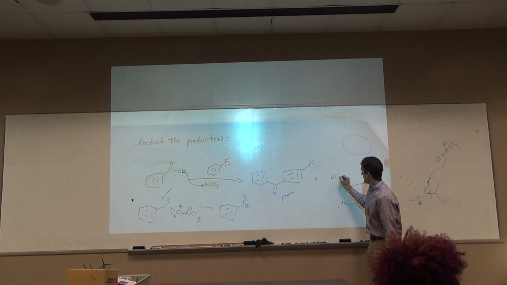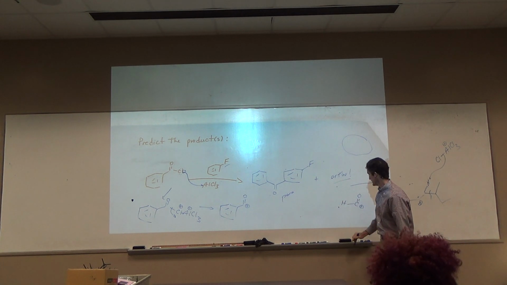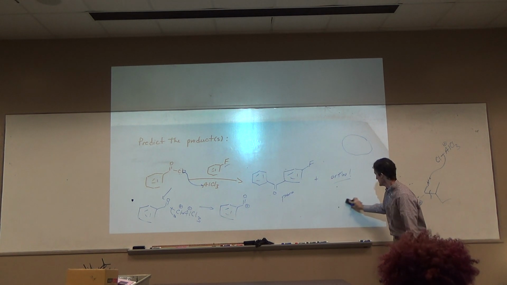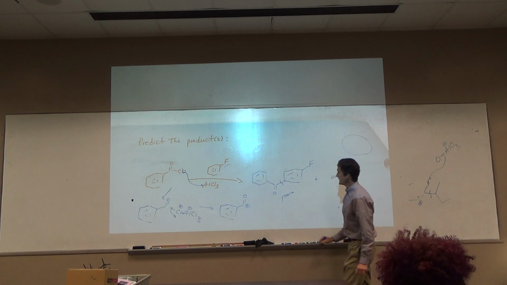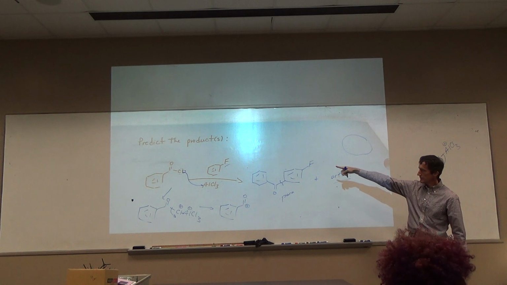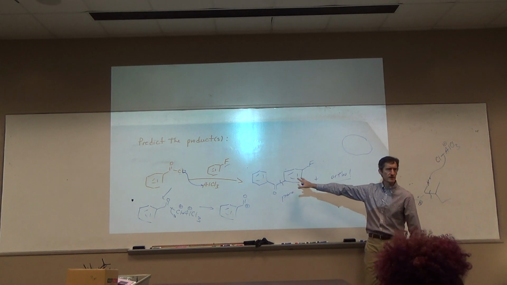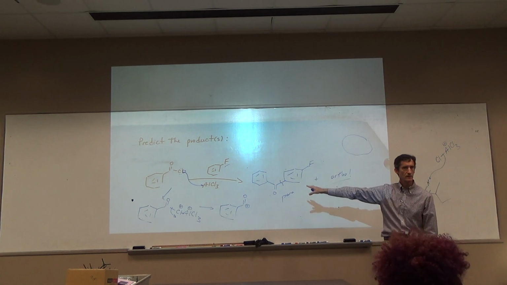Some ortho. Plus ortho. I'll let you draw that on your own. We made this bond here. That ring attacks, EAS mechanism. You need to sit down and go through it.